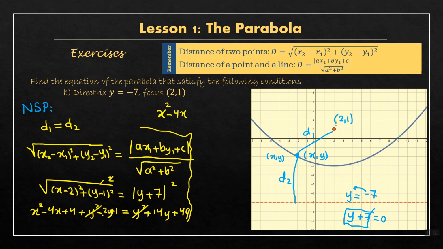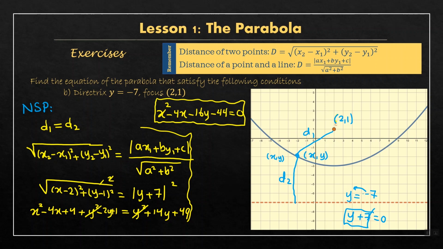With negative 2y, it will be negative 16y. I have a 4 plus 1, which is 5. I have a positive 49. I will move it to become negative 49. So 5 minus 49 is minus 44 equals 0. This is going to be the equation of the parabola that is in non-standard position.